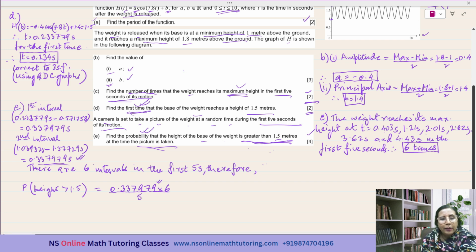This is the favorable time where it is above 1.5 meters, and 5 seconds is the total time. So now we will be getting the answer.